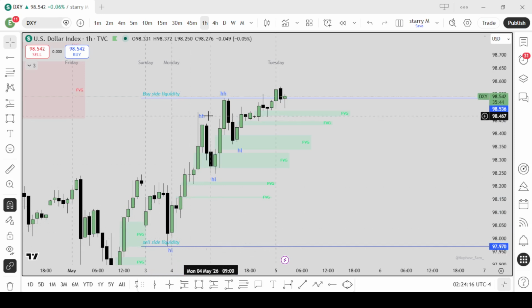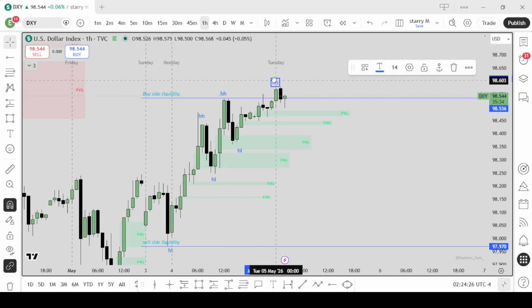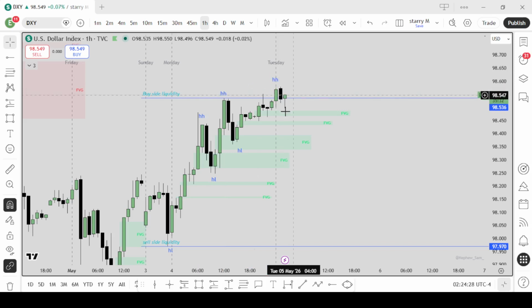Higher low, higher high, higher low, higher high. Currently we are higher low, higher high. So we are currently making the indication. This is our current indication, and we are looking for a correction and then a continuation.